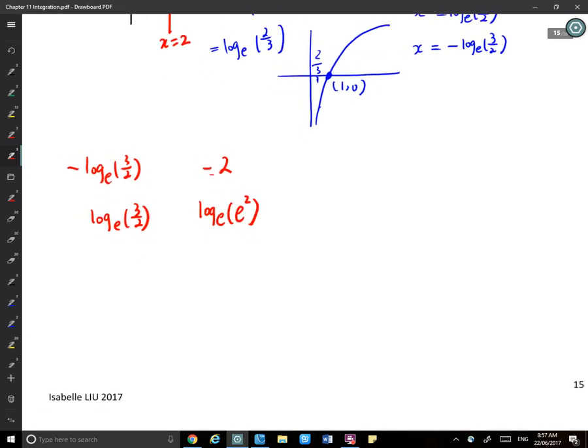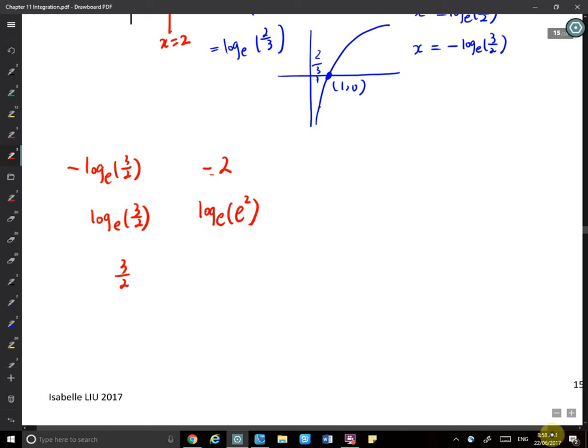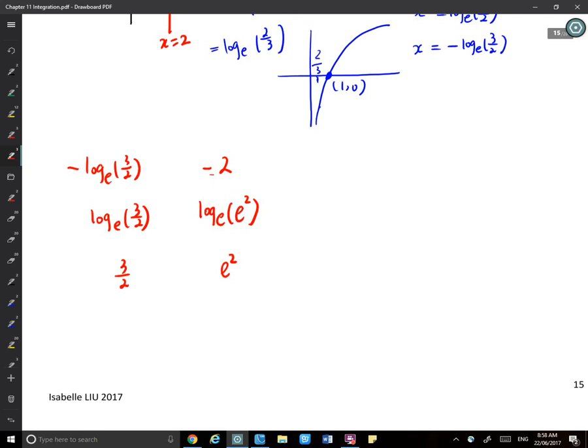The next thing I will compare is 3 over 2 and e to the power of 2. Which one do you think is larger? E to the power of 2 is larger. 3 over 2 is 1.5. E is 2.7, and 2 squared is 4 already, and 2.7 squared is even larger. So 1.5 is definitely smaller than e squared.